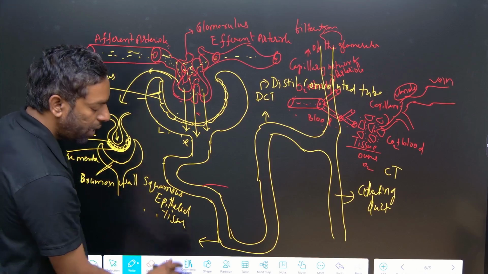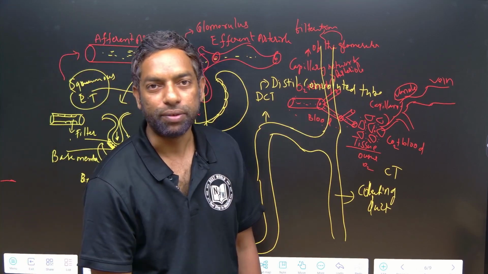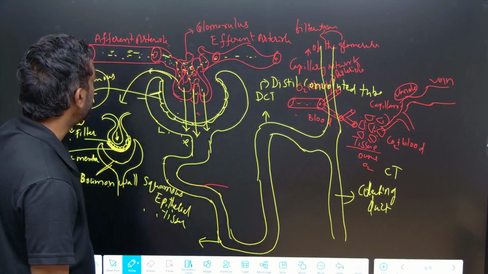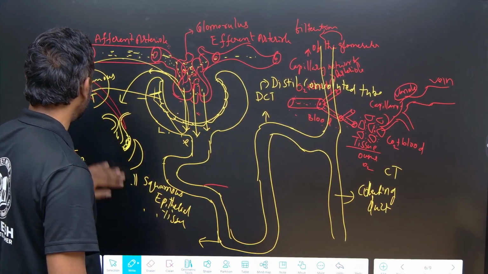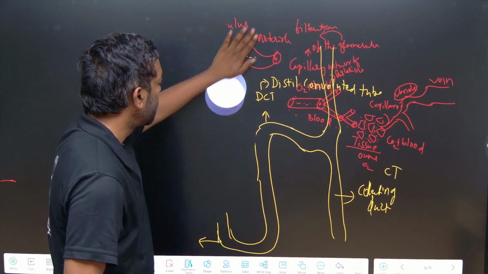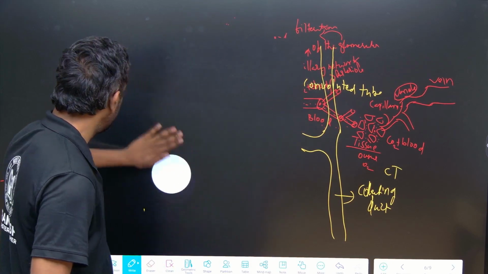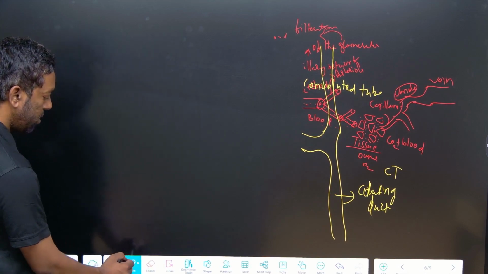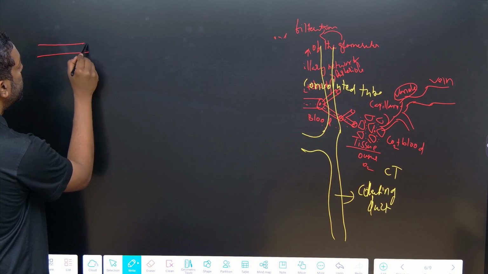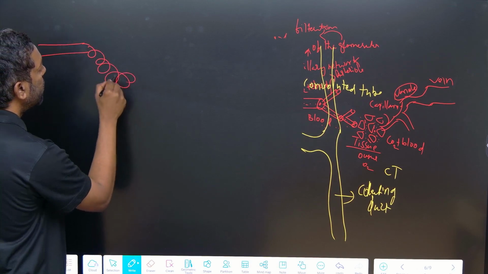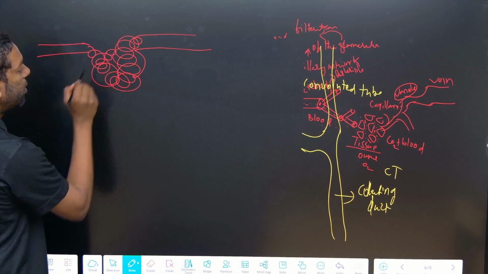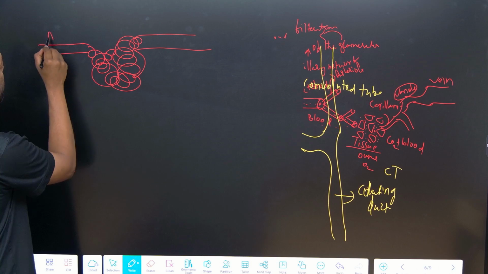So, the renal tubule is made from epithelial tissue. It is the tube which is made from the tissue. We are going to discuss where the tissues take place in the epithelial tissue. This is the efferent arteriole, the capillary network, efferent arteriole.